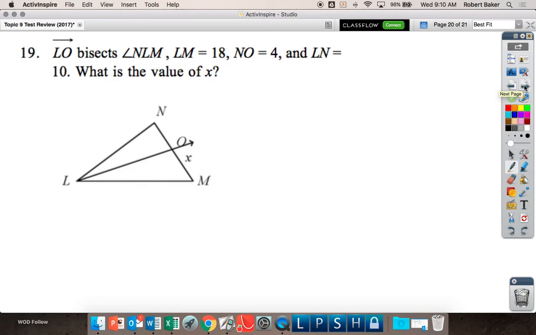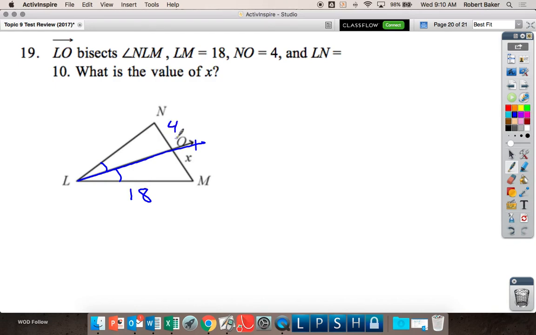Ooh. Alright, this one kind of sucks because you have to add all the information yourself. It says that ray LO bisects angle NLM, so it cuts this angle into 2 equal pieces. LM is 18. NO is 4.